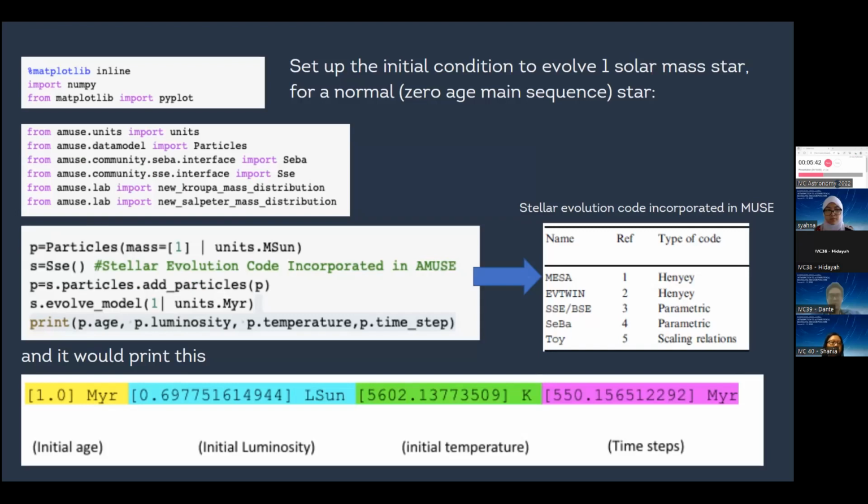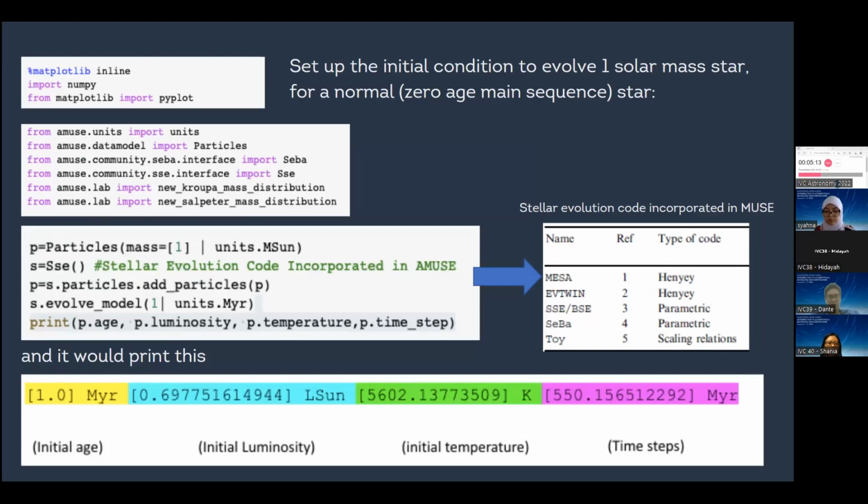All right, and then we have to set up the initial condition to evolve a one solar mass star, a normal zero-age main sequence star. So the particle means we make a particle with a mass of one solar mass, and then S equals SSE, which is the stellar evolution code incorporated in AMUSE. We declare the code. There are many stellar evolution codes in AMUSE.